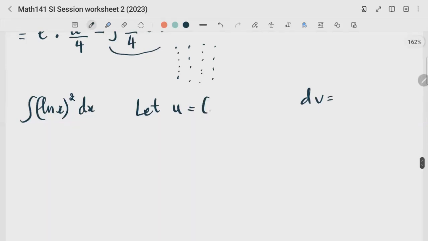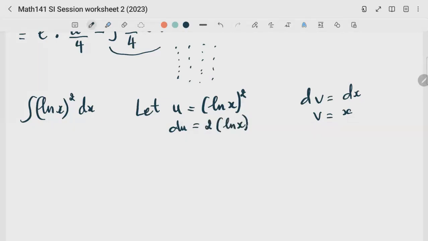Right, thank you for that. So let's try that. Our u would be ln x squared. Our dv will just be dx, meaning that v will be x, right? And our du will be the derivative of ln x squared, which is 2 multiplied by ln x multiplied by the derivative of ln x, which is 1 over x, dx.